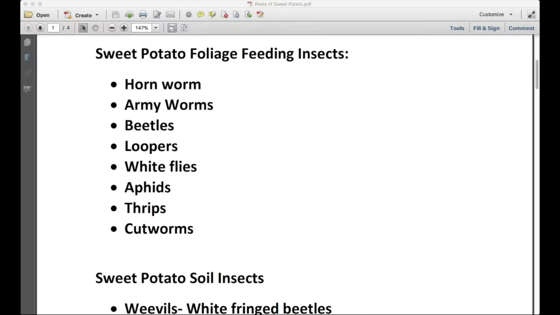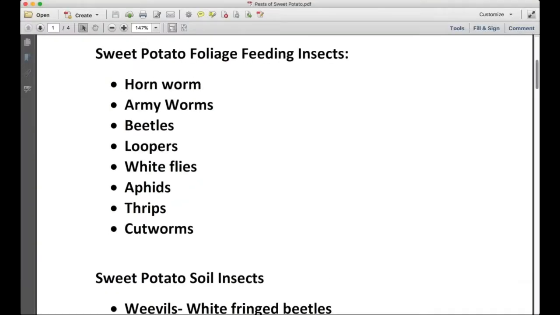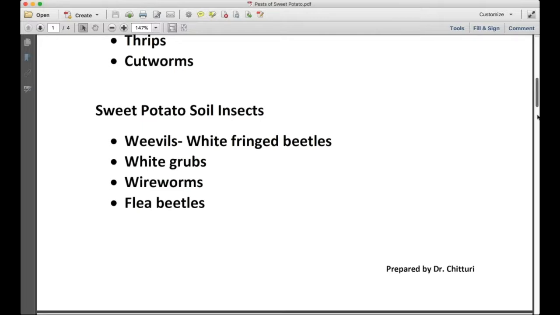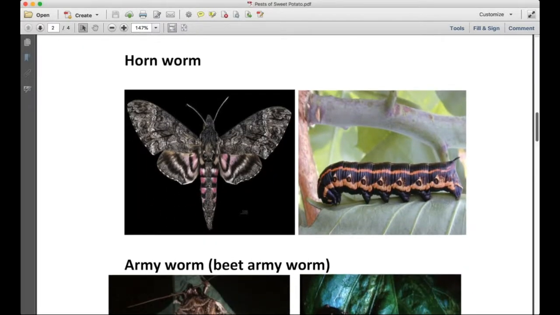Coming to the soil insects, I have listed the major categories like weevils, white grubs, wireworms, and flea beetles. Coming to the major foliar insects, I will make a brief note about each.